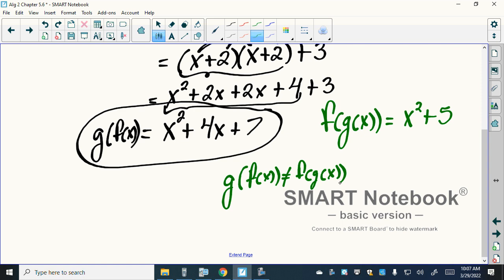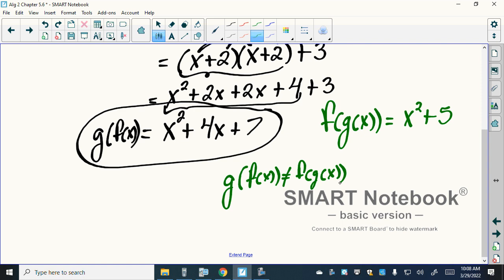And the only time that they'll be the same, and we'll get into this especially in 5.7, is if they're inverses of each other. If they're inverses of each other, then these composites will be the same. But that's only a select group.